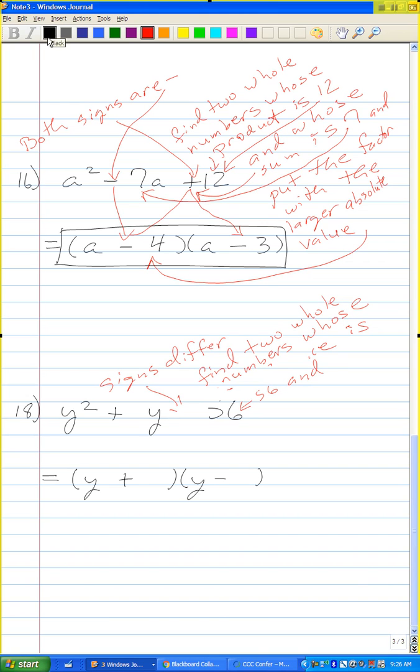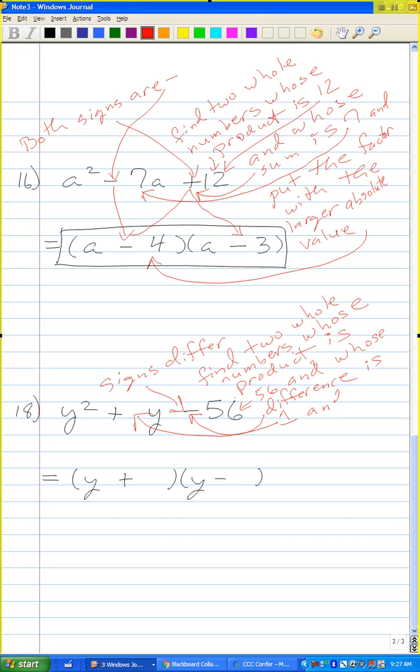That was a minus sign. I said it wrong. So I want to find two numbers whose product is 56 and whose difference is, in this case, 1.